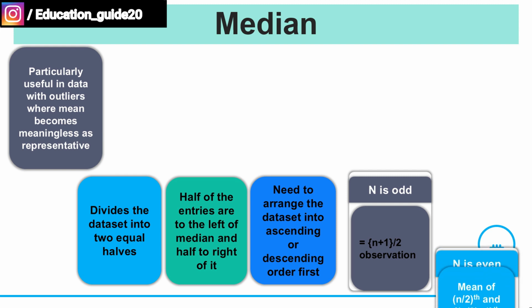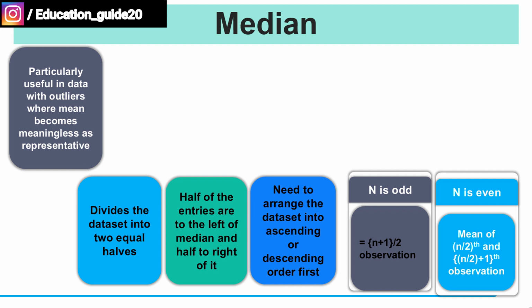However, when the number of entries is even, the median is an average of the n by 2 term and the next term. For example, if the number of entries is 10, 10 by 2 is 5. The median will be the mean of the fifth and the next, that is the sixth term, when the data set is arranged in an increasing or decreasing order.